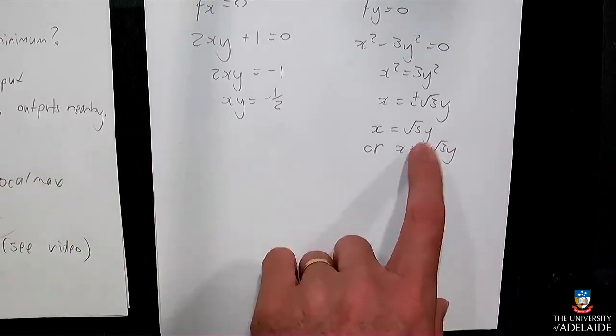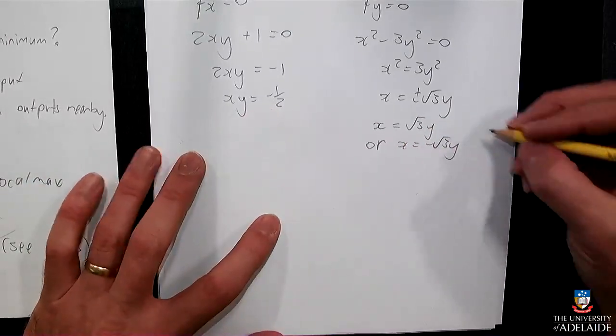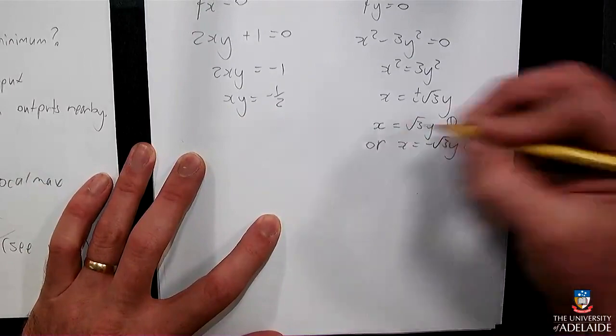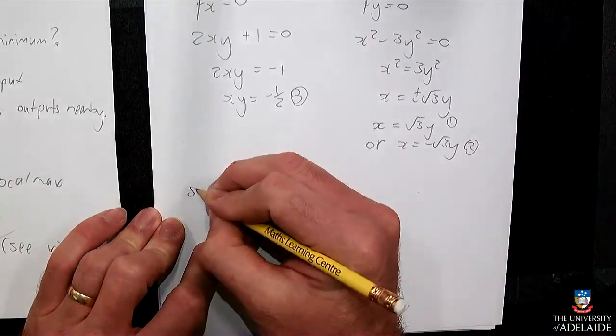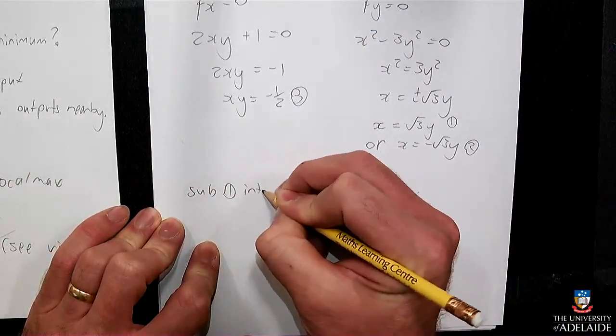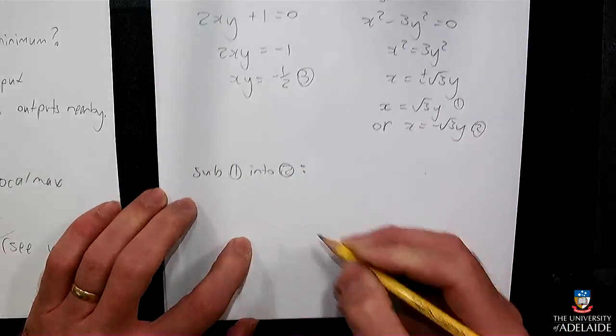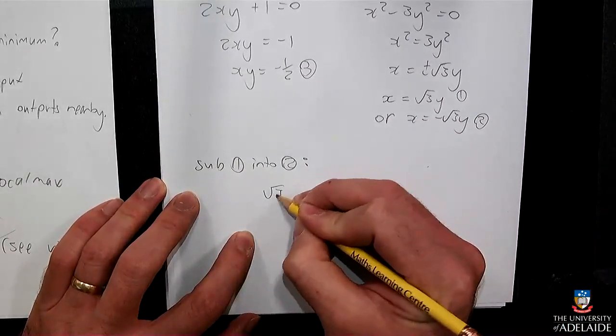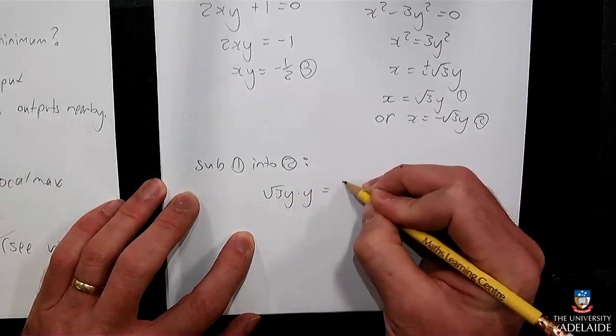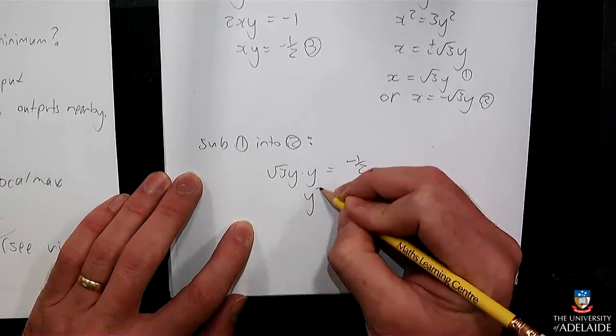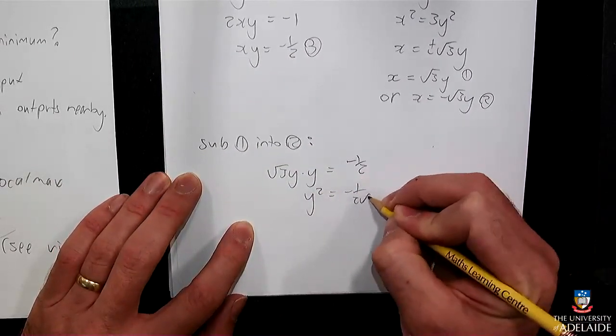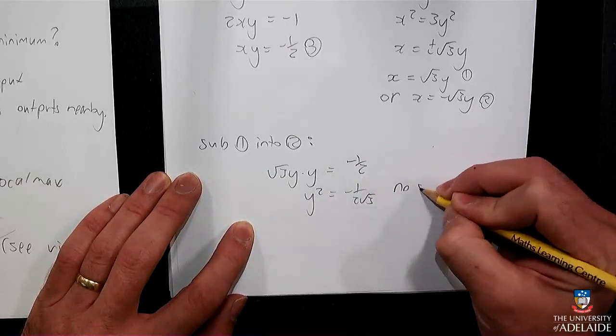So what if I sub this one into that one? I'll give them numbers. This is 1, this is 2, this is 3. Sub 1 into 2, in which case I'm going to get root 3 y times y is minus a half. So y squared is minus 1 on 2 root 3, which has no solutions.